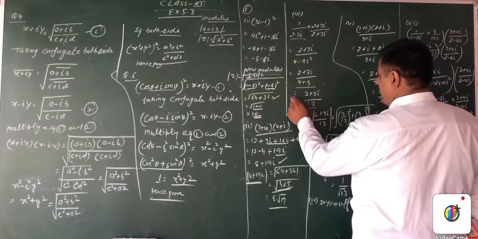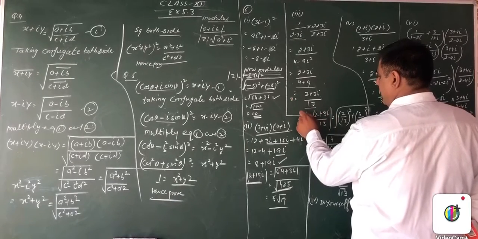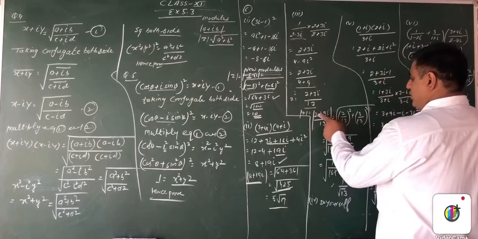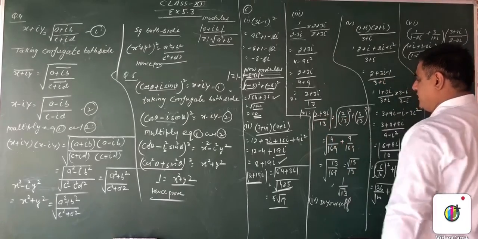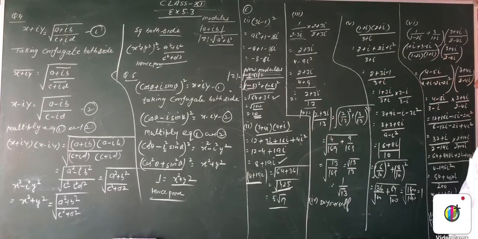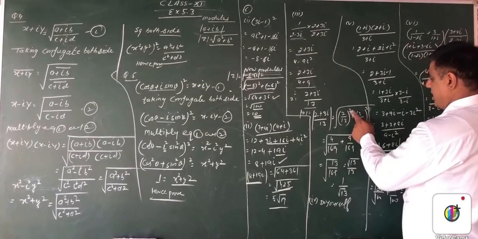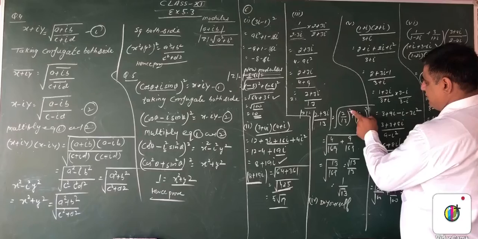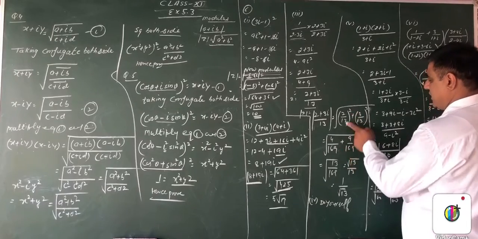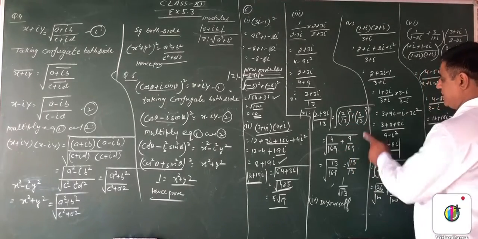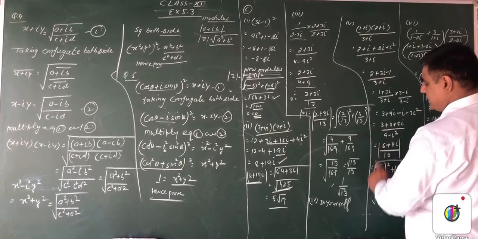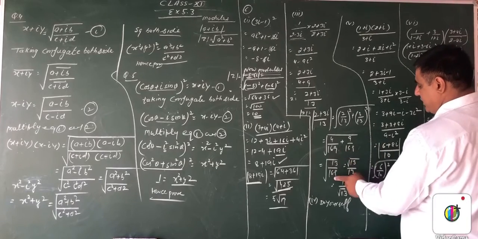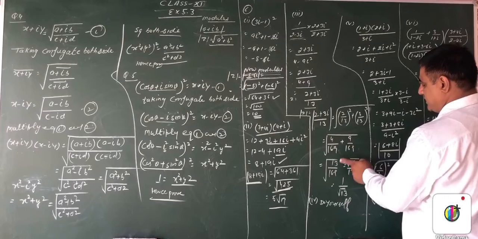Now we find the modulus of this number. Z modulus: 2 by 13 is the real part, 3 by 13 is also the real part. Now 2 by 13 square plus 3 by 13 whole square. Square of both these terms is 4 upon 169; 13 square is 169, and 3 square is 9 by 169. Now we take LCM 169, then add 4 plus 9, 13.